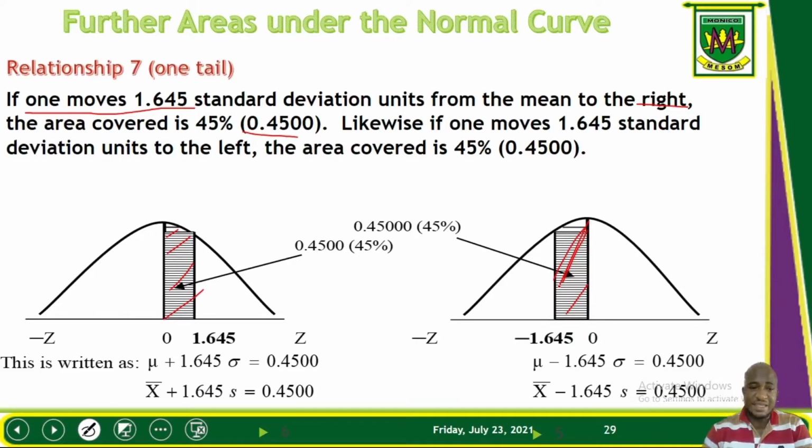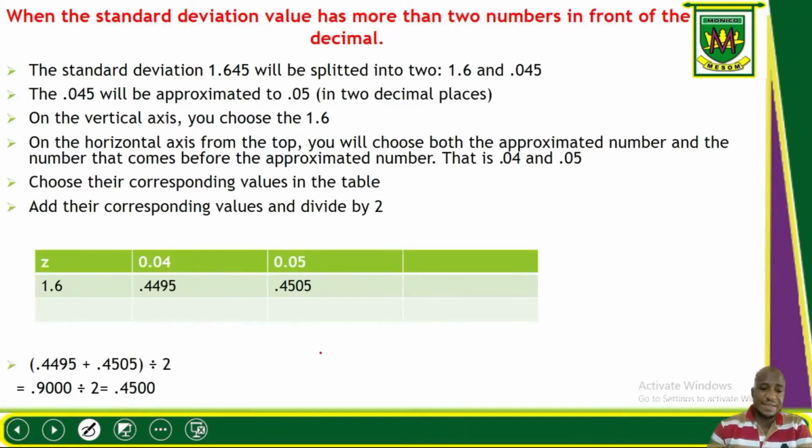But in checking this, you may not easily get the z-score on the table. We have to do some small calculations. So we need to follow some steps to get the z-score, to get the answer.